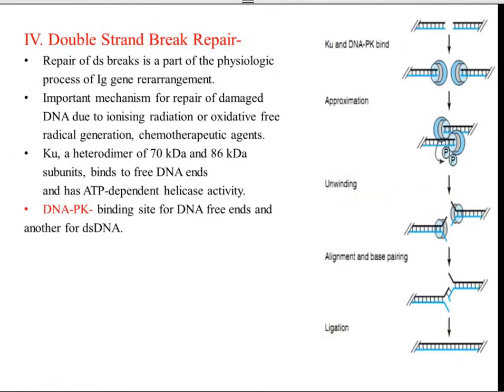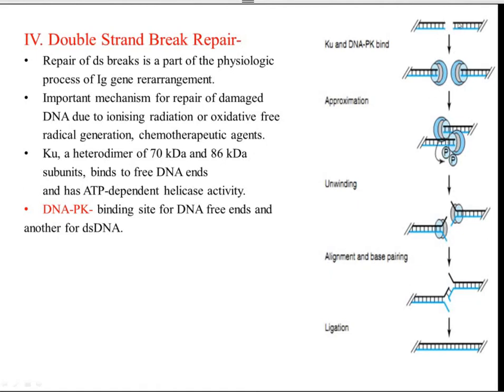Now we move to the fourth mechanism, that is the double strand break repair. Now, double strand break repair, as the name itself indicates, there is a break in both the strands of the DNA molecule. See, you can see there is a break in both the strands of the DNA molecule.